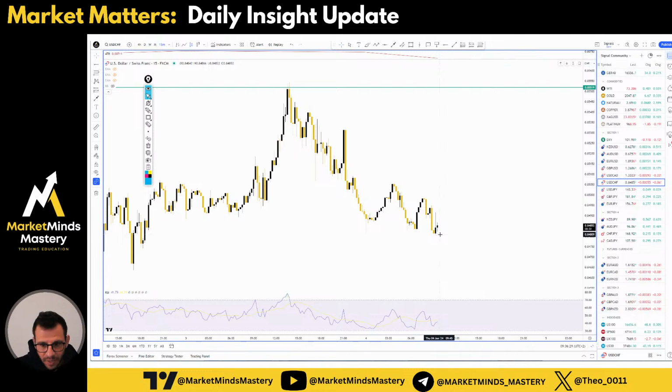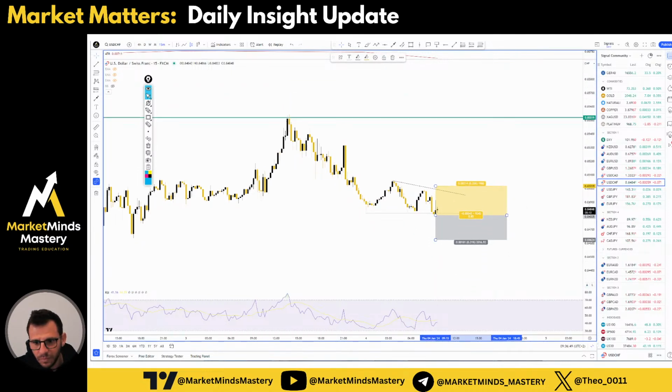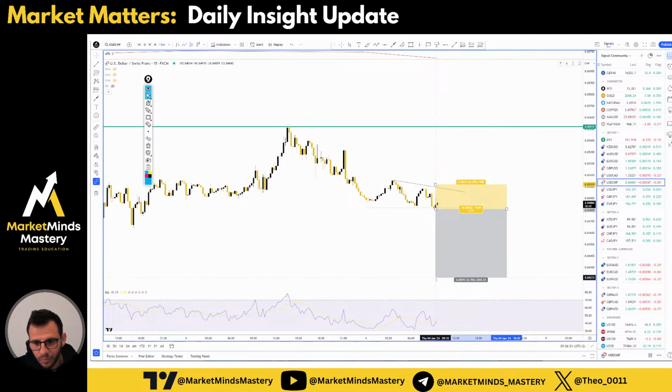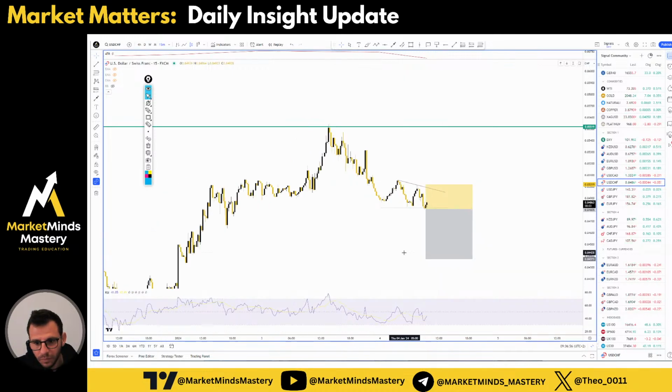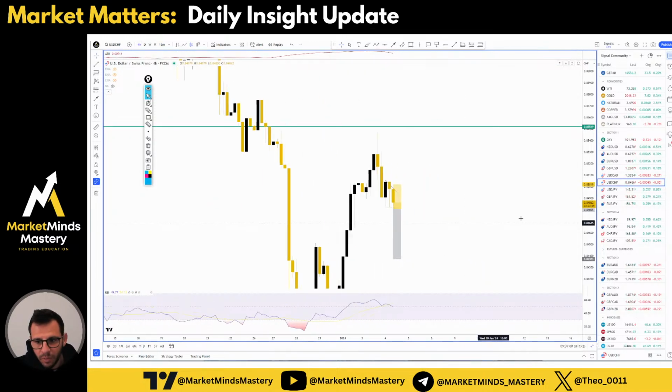On the 15-minute time frame, that's a well-defined descending triangle. Yep. So the break below, let's make a scenario. Let's check the 4-hour time frame.